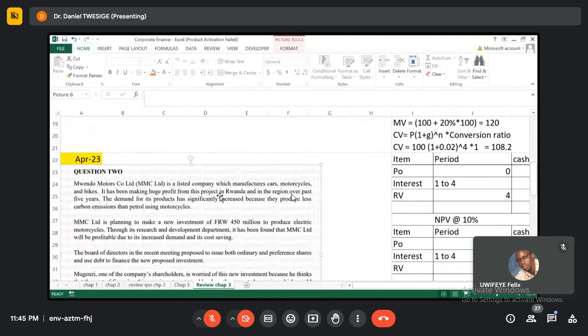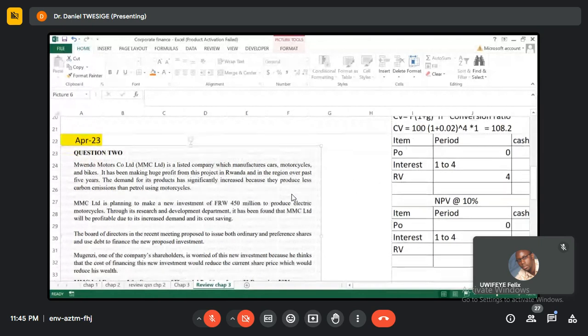MMC is planning to make a new investment of 450 million to produce electric motorcycles.